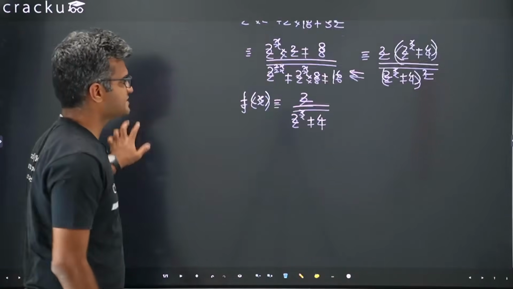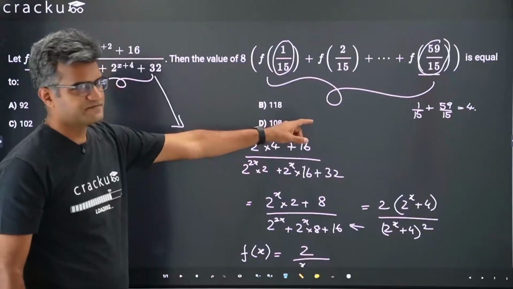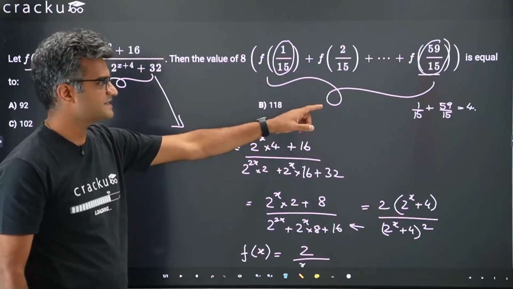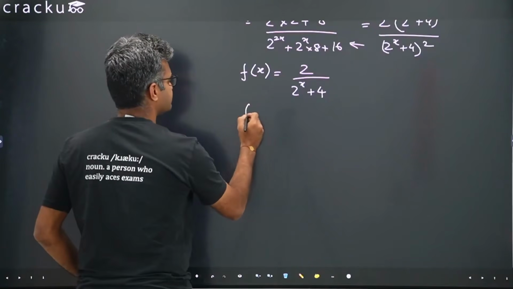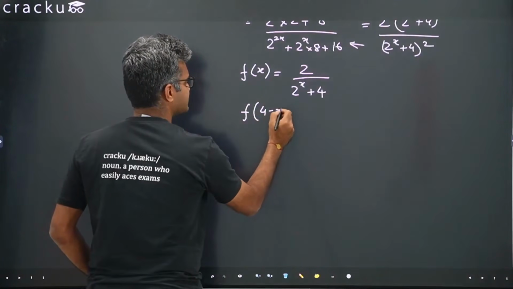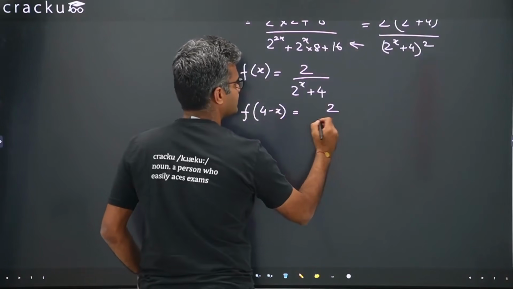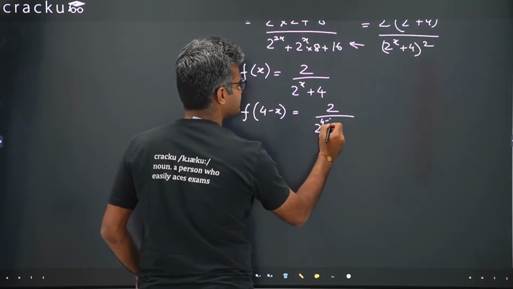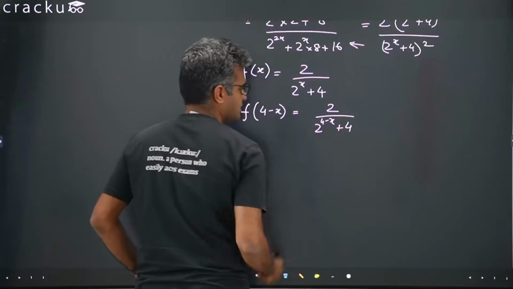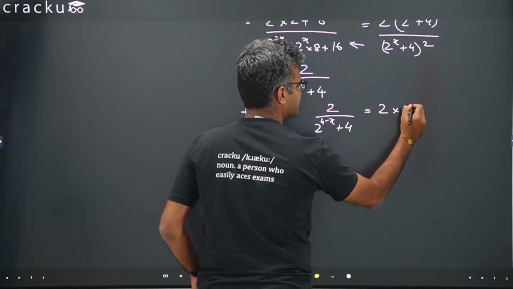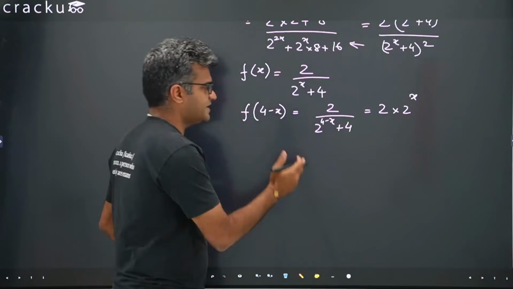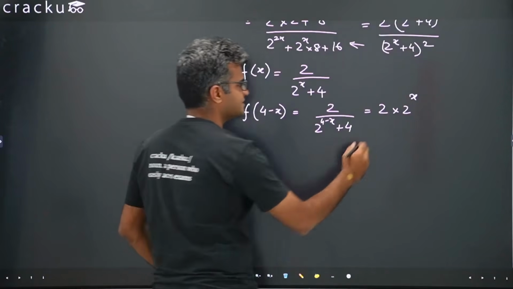Now remember what we discussed earlier. We discussed that the first term plus the last term is equal to 4. So let us calculate f of 4 minus x. F of 4 minus x is equal to 2 divided by 2 to the power 4 minus x plus 4, which is equal to 2 to the power 2 into 2 to the power x, because I am going to multiply the numerator and denominator by 2 to the power x.